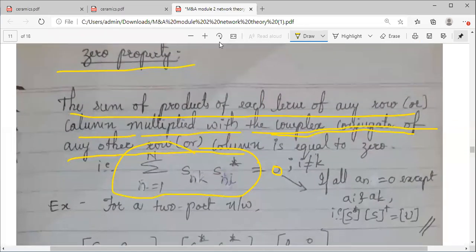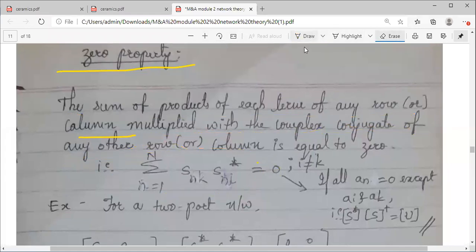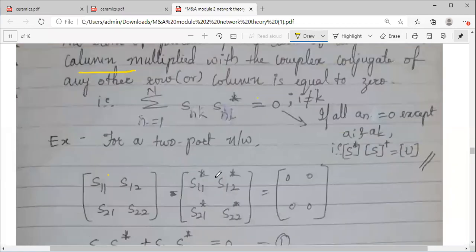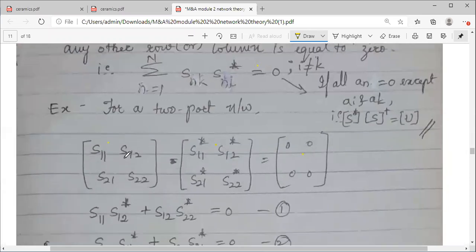Again, let me take one example of a two-port network. So if I take a two-port network, again S into S star is equal to 0. In unitary property, I showed you first row and first column we did.